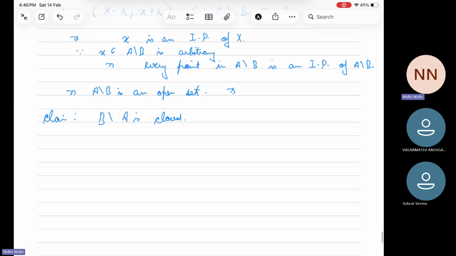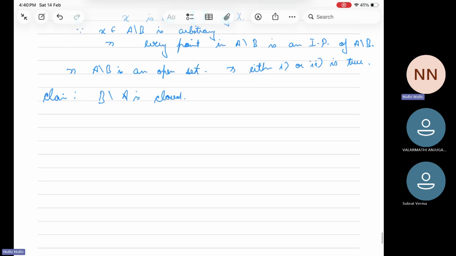Now, this implies either the first or second is the correct option. So next, let's look at B minus A. Let's start with some limit point of B minus A. Let y belong to (B minus A)'.